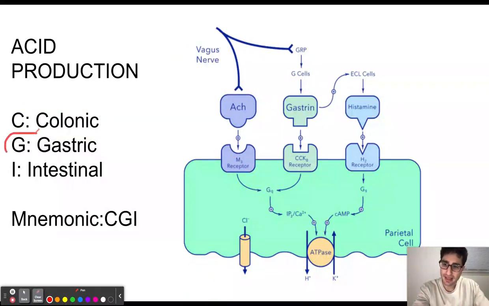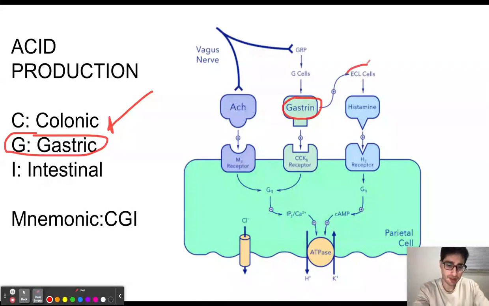Now let's discuss the gastric phase. The gastric phase, I think, is easy to remember because this is going to be occurring when the food enters the stomach. And it is going to be mediated by the hormone gastrin. So when the food enters the stomach, gastrin is going to be released.